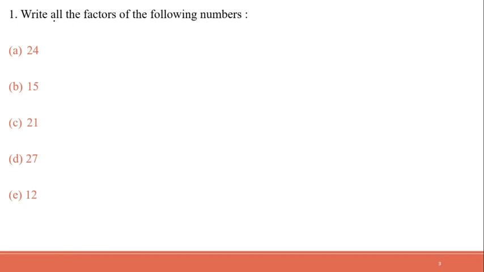What this question says: write all the factors of the following numbers. Okay, now let's come to this one, 24 first. So how will we do? We'll just start like this. 1 into 24 will be 24. Then 2 into 12.